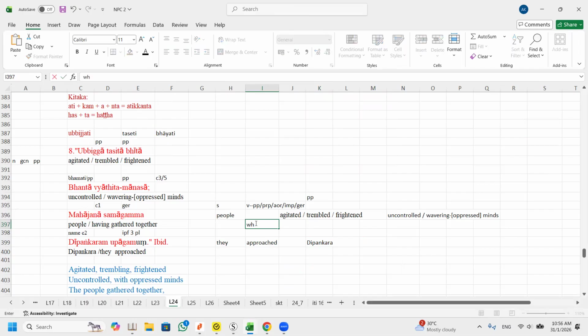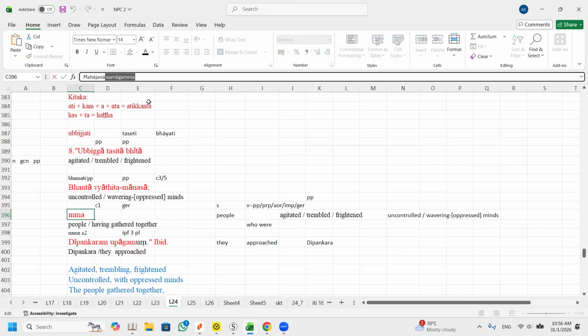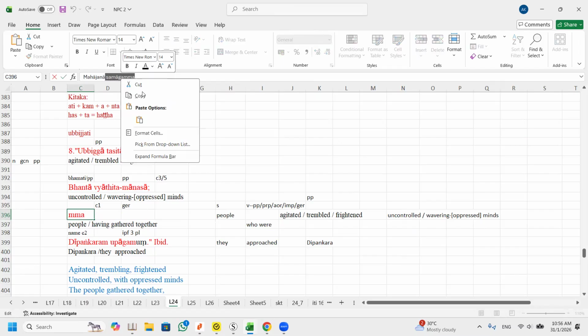People who, we are not going to use are, we're going to use past tense. People who were agitated, trembling, frightened, uncontrolled, wavering mind. Then this part, okay. Can you see the word? This one, when you look at it, wait, it's not very clear.